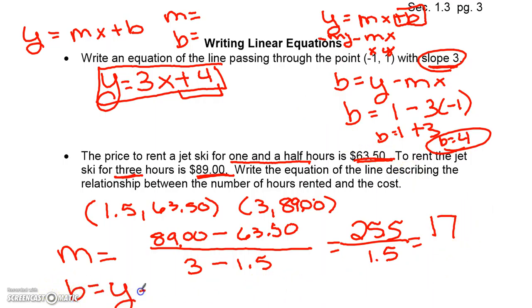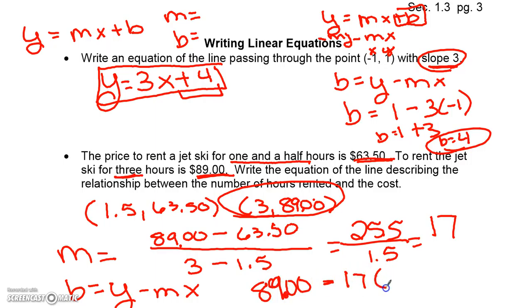And it's easiest to use this formula. So y, it doesn't matter which one we pick, I'm going to pick this one. y is $89 minus the slope times x, which is 3.